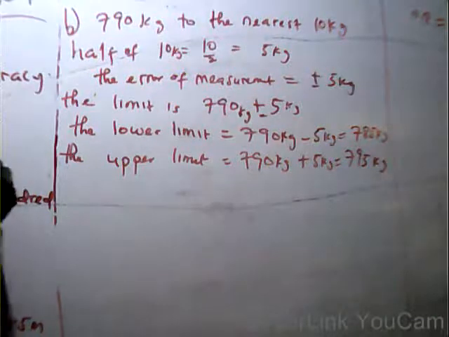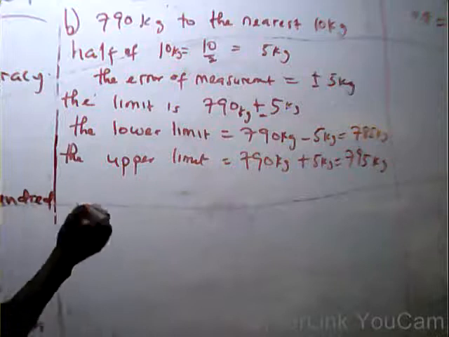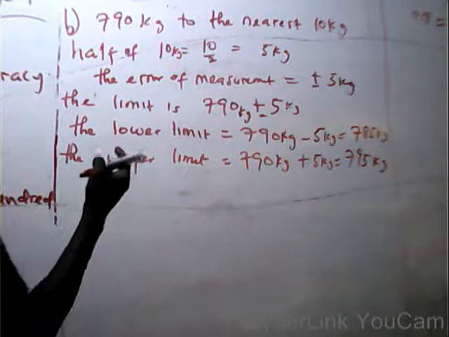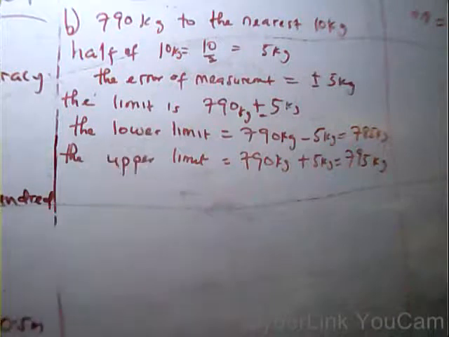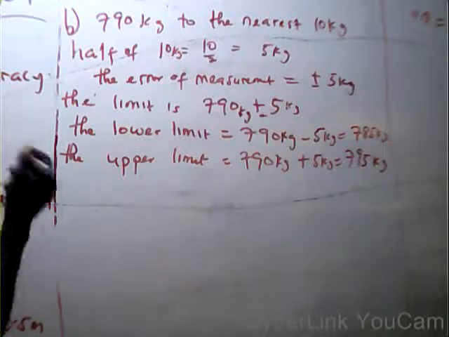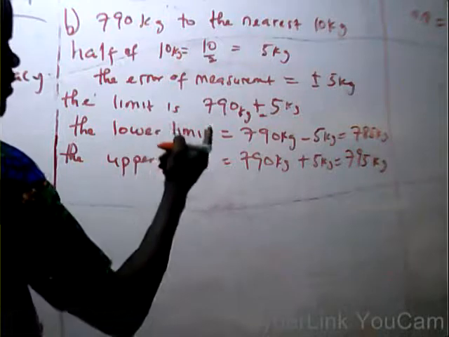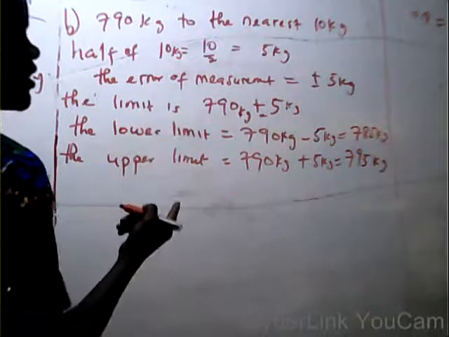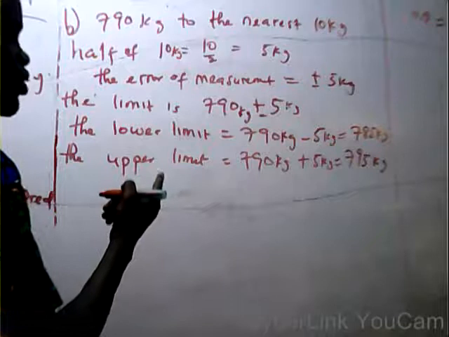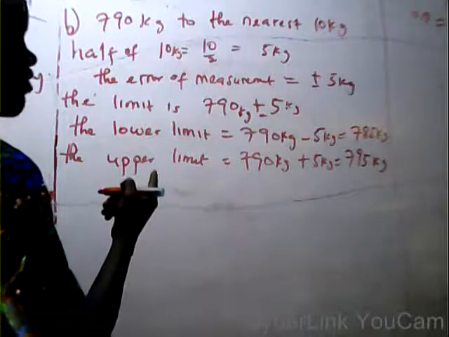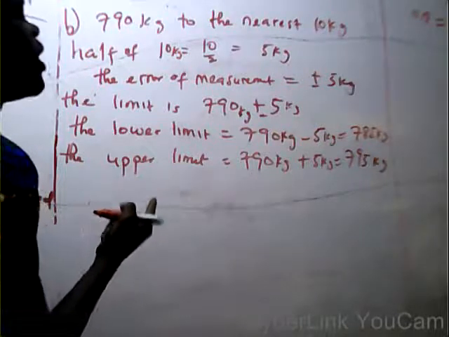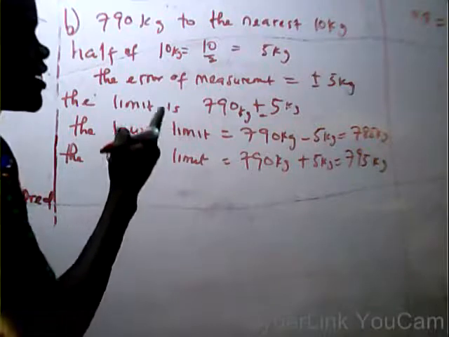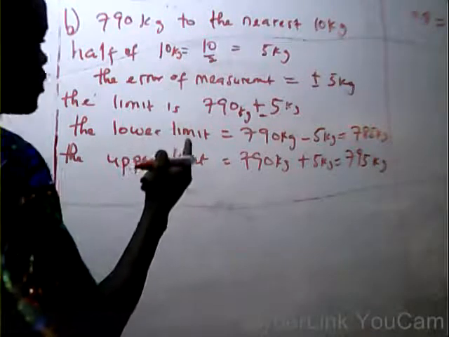So the value should be between 785, right? But it must not be up to 795. So we can have 795.499999 and so on, rather.